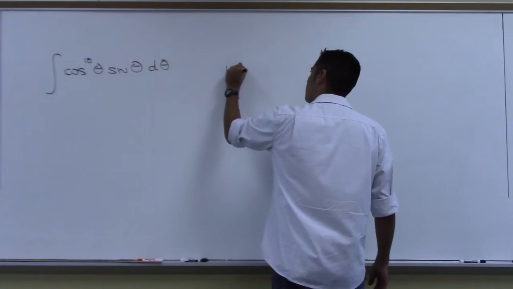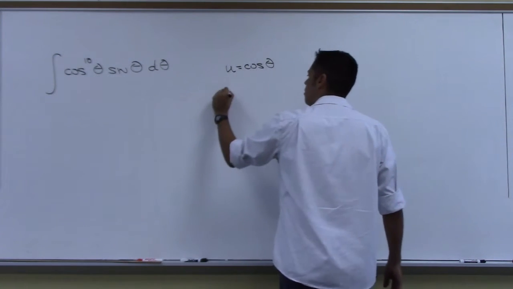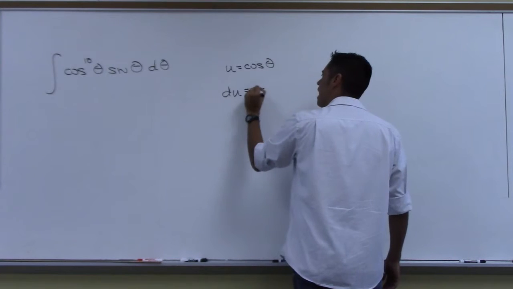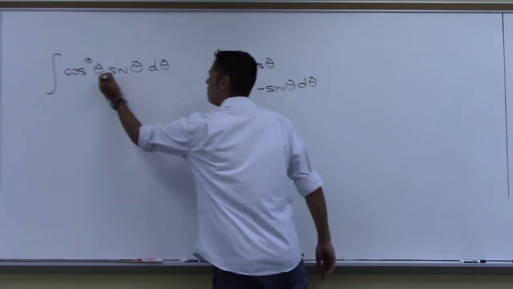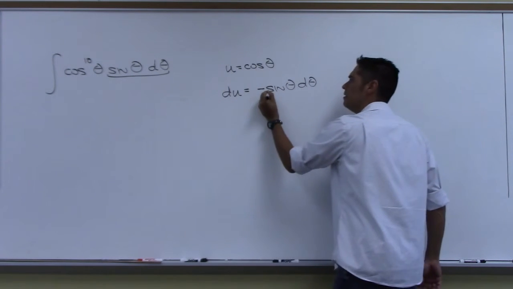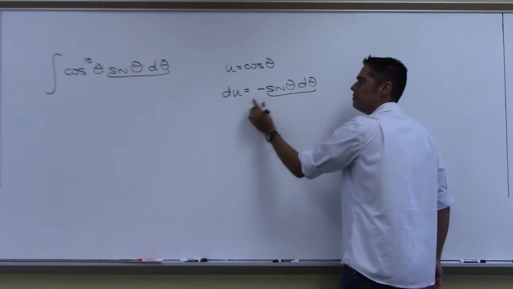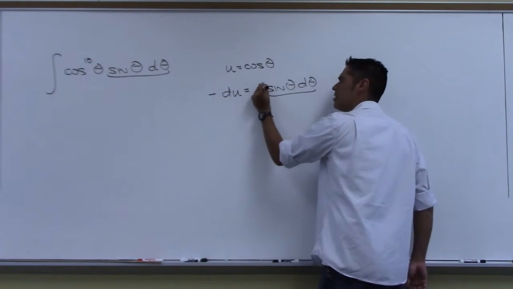So u is cosine theta. du is negative sine theta d theta. We have that right here. We're off by a sign. I'll take care of that negative, change this to negative, that changes that to positive.